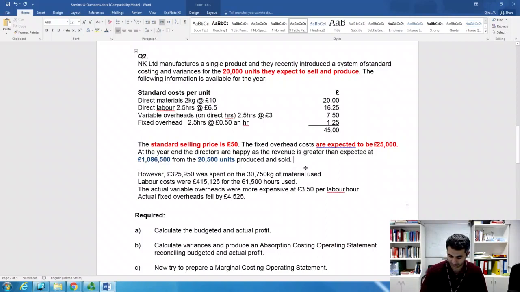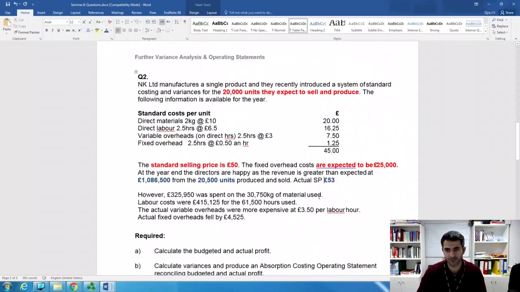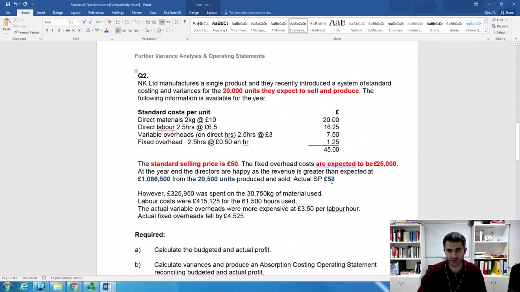So £53 is the actual selling price per unit.